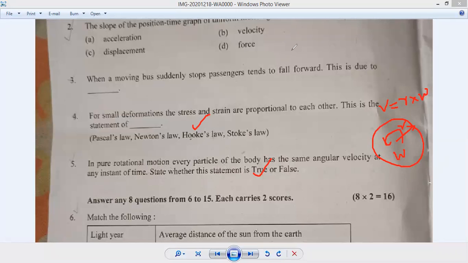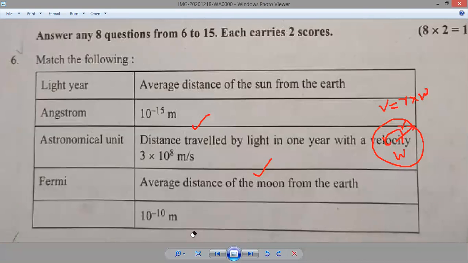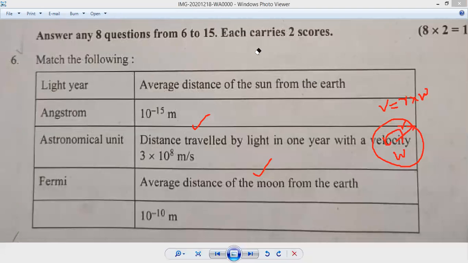Now, the next question is a match the following type question. So what is a light year? Light year is the distance traveled by light in 1 year with a velocity of 3 times 10 raised to 8.